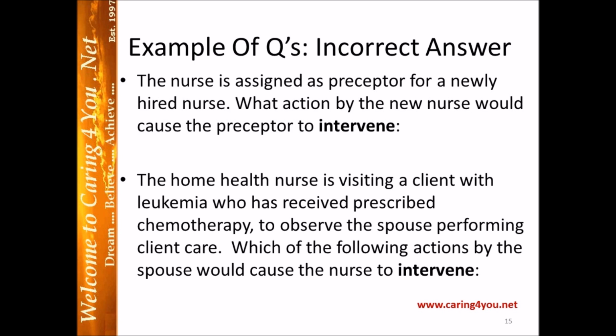By the way, I just want to digress for a minute and say, when the NCLEX asks you questions about the spouse or any kind of caregiver, whether it says the mother came into the clinic with a 2-year-old child, or the spouse is caring for the 92-year-old with leukemia, whatever the case may be, you want to pick the answer that includes both the caregiver's needs and the client's needs, whether the client is a child or a 92-year-old spouse with leukemia.